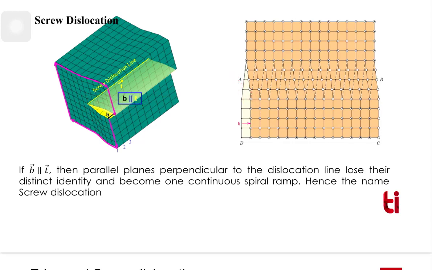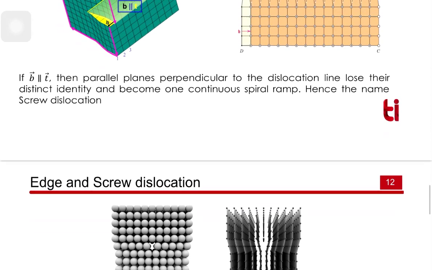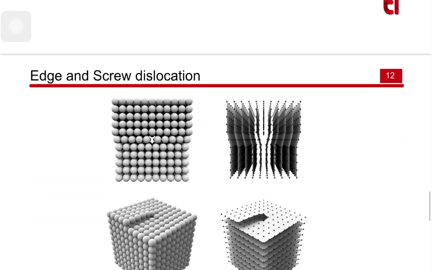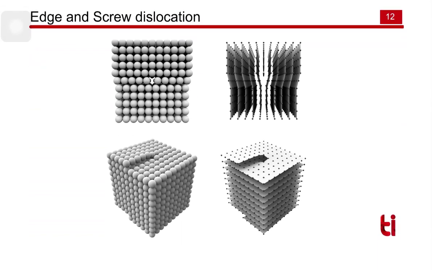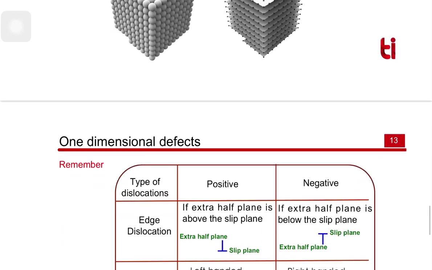So you can see this position is shifted like this, and this can be considered a screw dislocation. So complete distortion along this line is a screw dislocation. And these are other pictures of edge and screw dislocation to make it more clear.